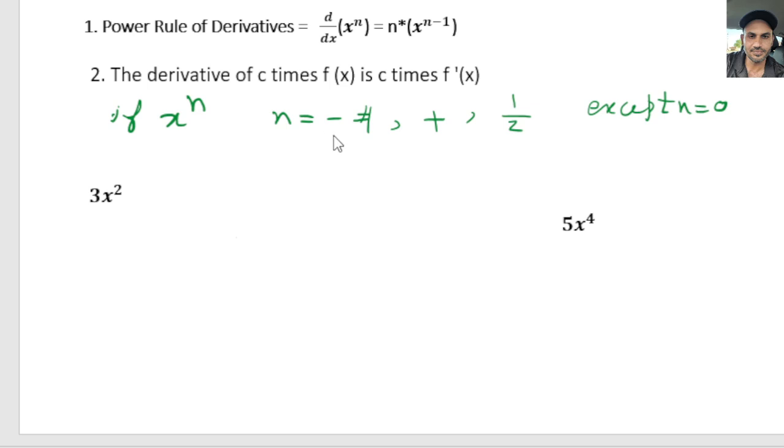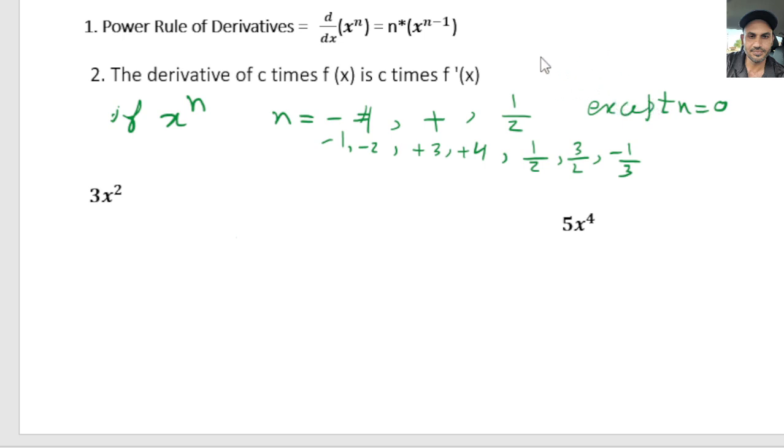It could be any negative number, like -1, -2, or any positive number you can think of. It could be a fraction, like 3/2, or a negative fraction, whatever you can think of. It could be any of these numbers except 0.